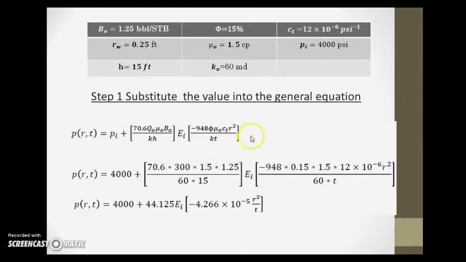This is the general equation of pressure. We substitute all the given values inside to simplify the equation so that it's easier for us to calculate the values that we need later on. So this equation is the simplified version that includes all the values.